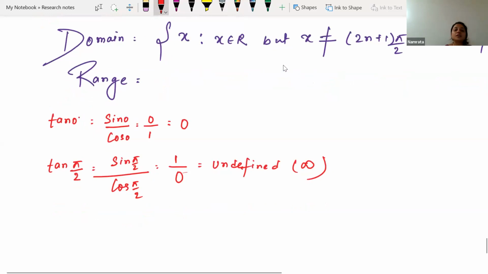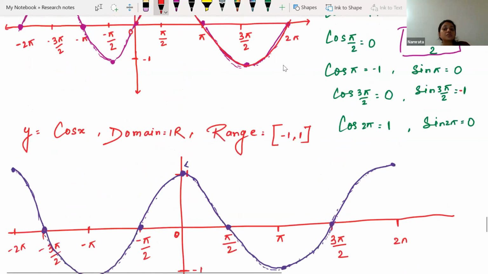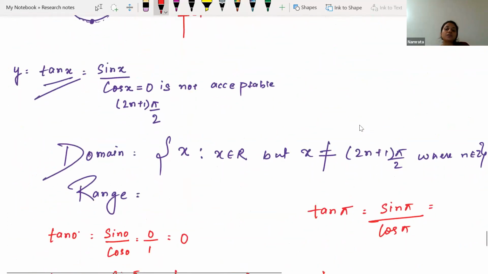Now let's find the other, tan pi. What is the value of tan pi? So tan pi will be sine pi by cos pi. Still, if you have not learned the trigonometric table, I suggest you just go and learn it after this class. Here I am showing you sine pi is 0, cos pi is minus 1.